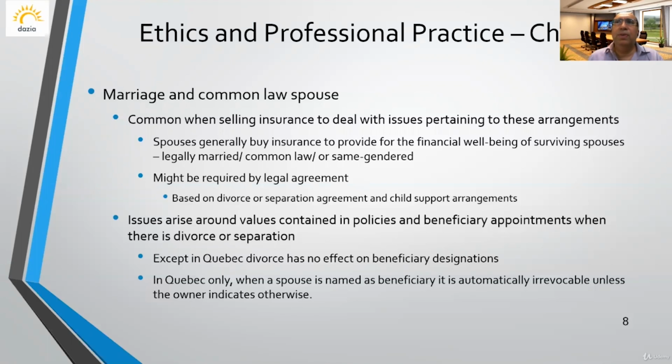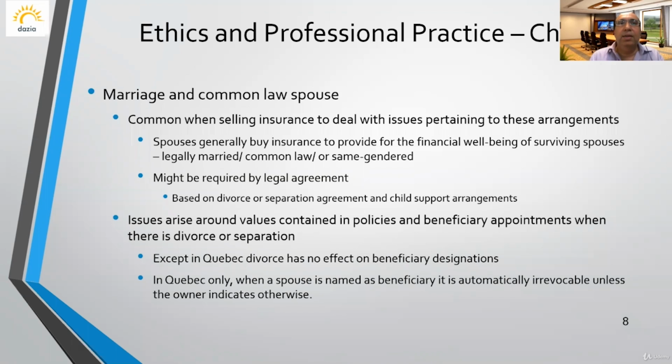There are issues which arise around values contained in the policy when there's a divorce or separation. Except in Quebec, divorce has no effect on beneficiary designations. So if you have a policy and there's a division of the relationship, you must make the change in the beneficiary of the insurance policy. It's not automatic. It's not considered that you broke up the relationship and so the beneficiary automatically changes.